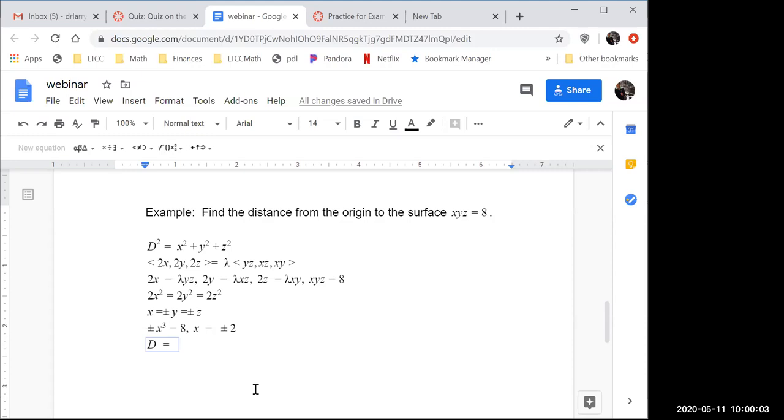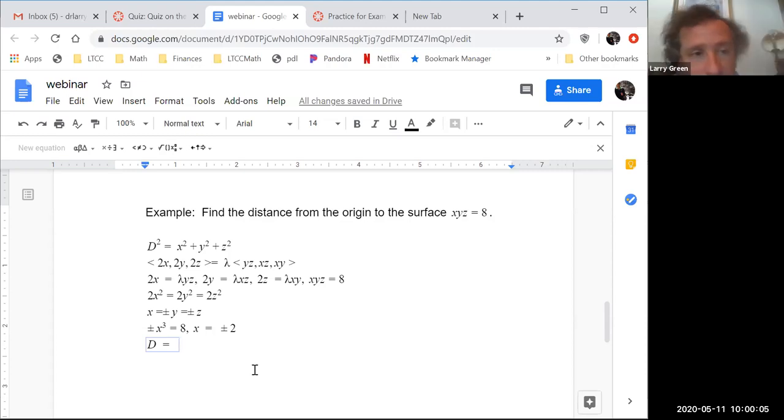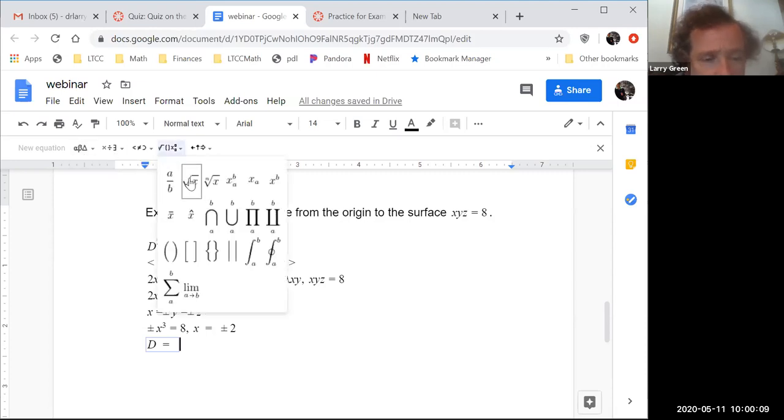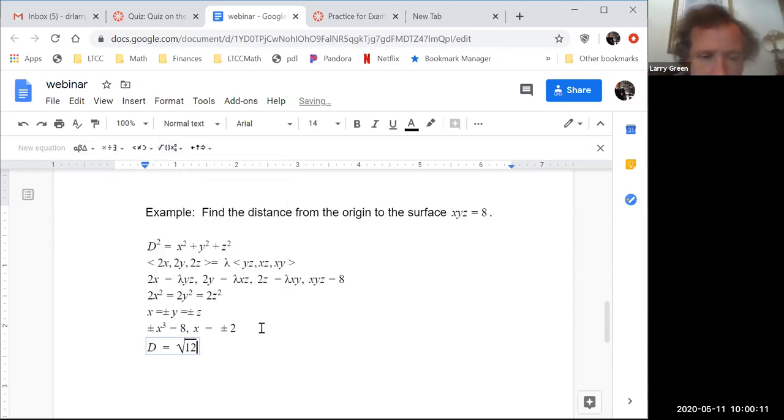Yeah, 12, and that's d squared, so d is root 12. And there's our distance from the origin to the source. Did I lose anyone there?